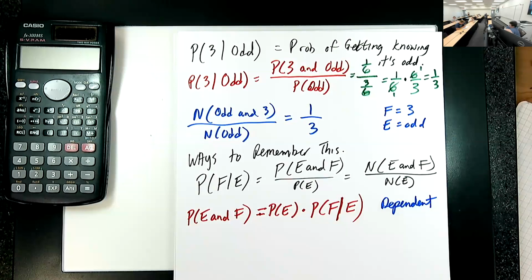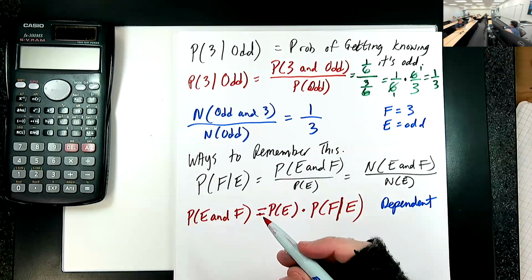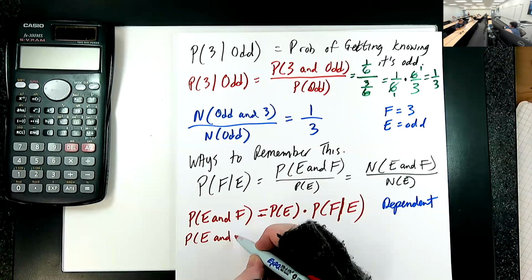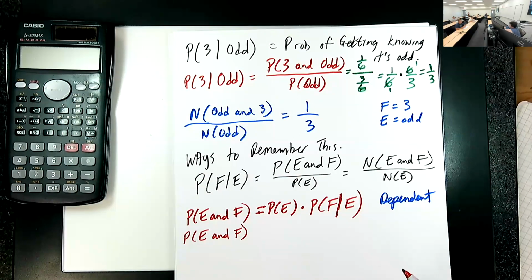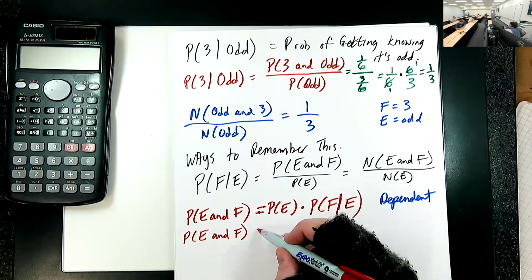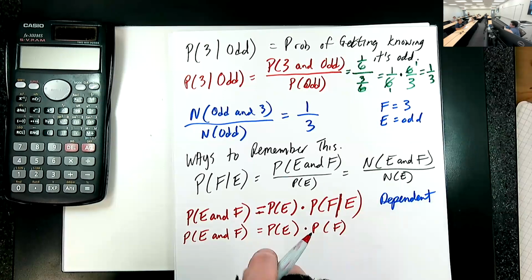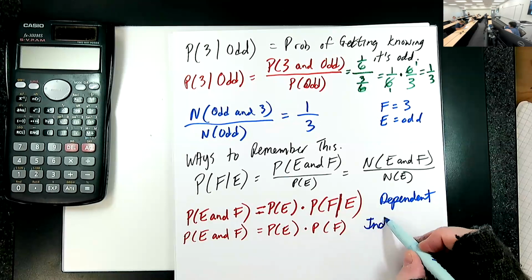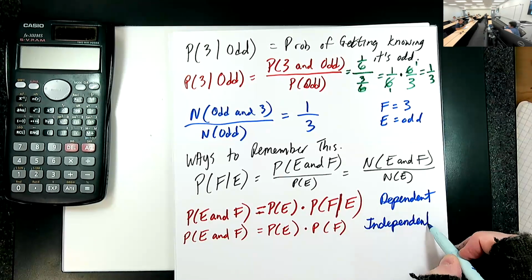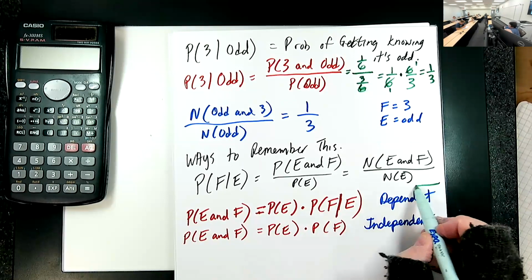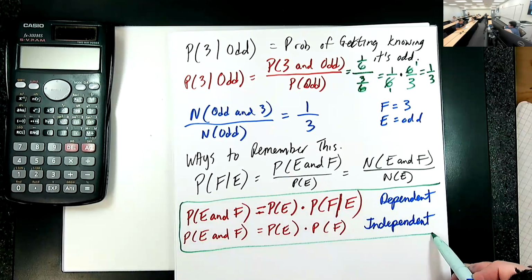What was the formula for the probability of E and F for independent outcomes? It was the probability of E times the probability of F. And this was independent. I'm going to put a big fat box around these two because these don't have fractions in them, so they're a little bit easier to remember.